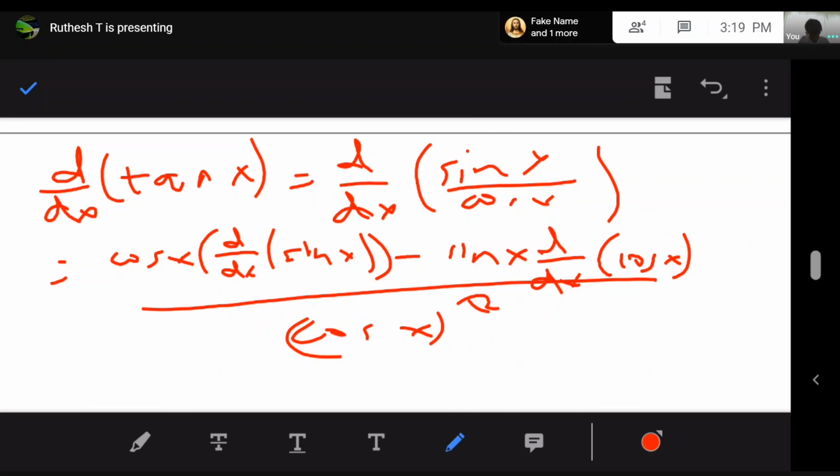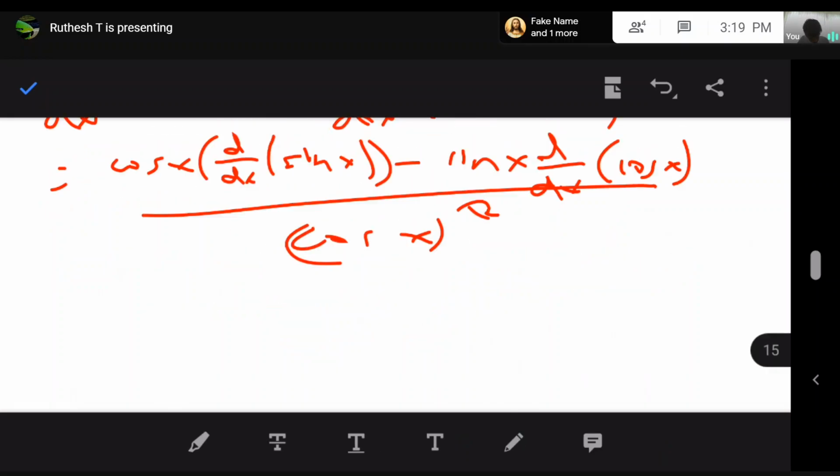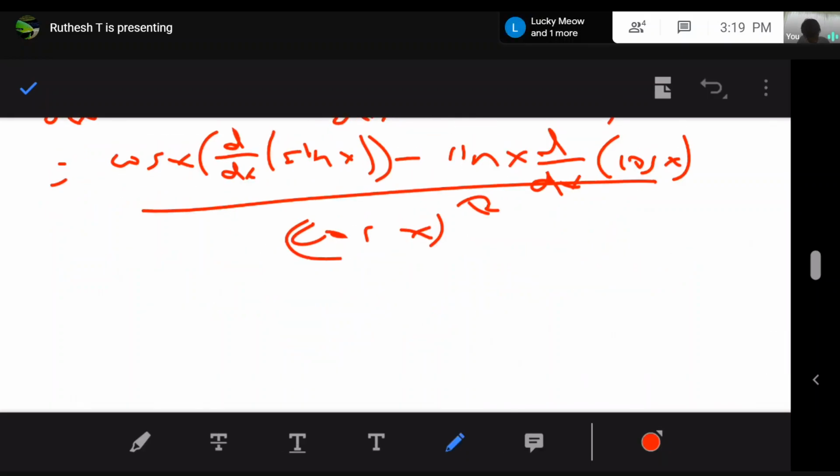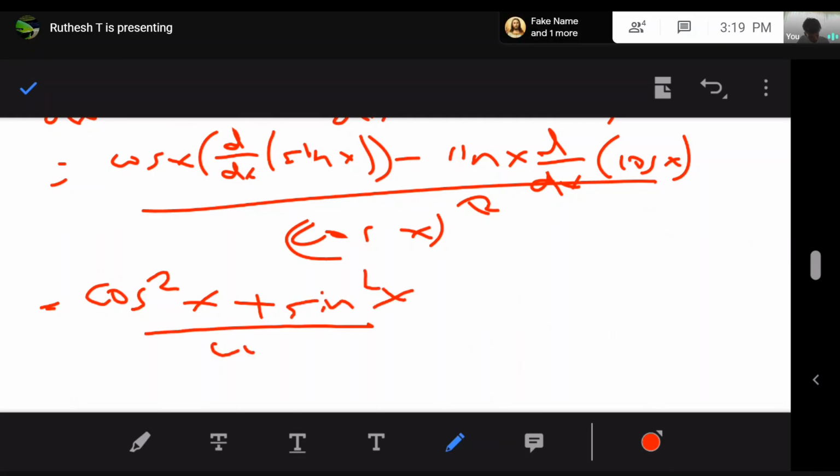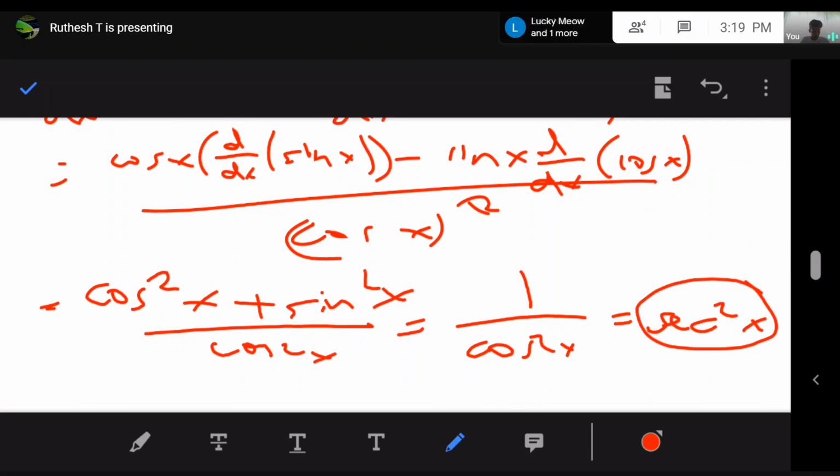And when you actually plug in the derivatives, you get cosine x times cosine x, so cosine squared x, minus sine x times negative sine x, which is plus sine squared x, over cosine squared x. And then by the Pythagorean identity, sine squared plus cosine squared is 1, you end up with 1 over cosine squared x, which is equivalent to secant squared x, and we're done.